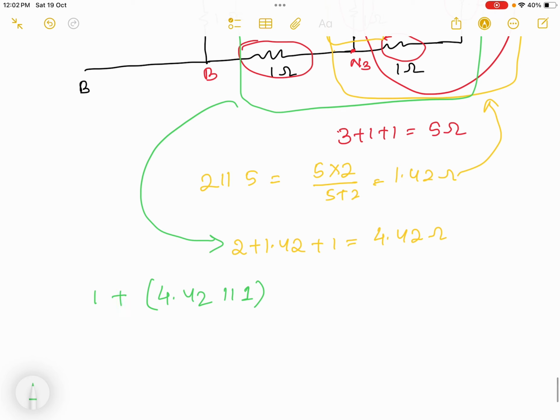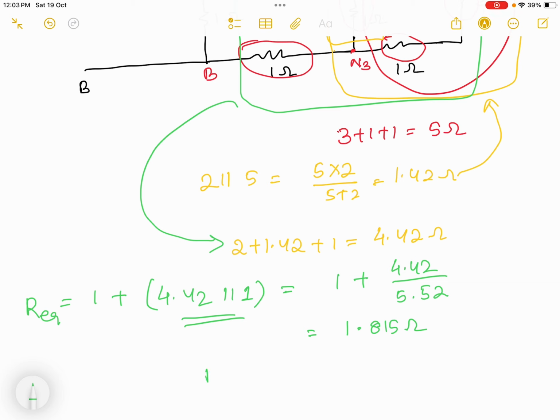So I can find the R equivalent equal to 1 plus, here you can see 1 and 4.42 are in series. So I will get 1 plus 4.42 into 1 divided by 5.42, and I will get the value 1.815 ohm.